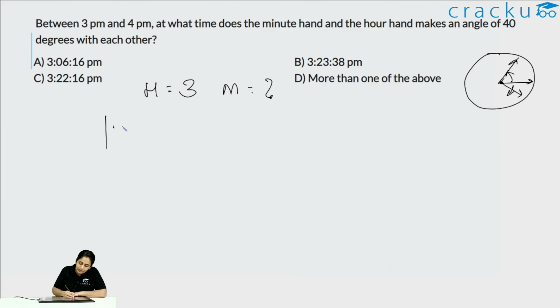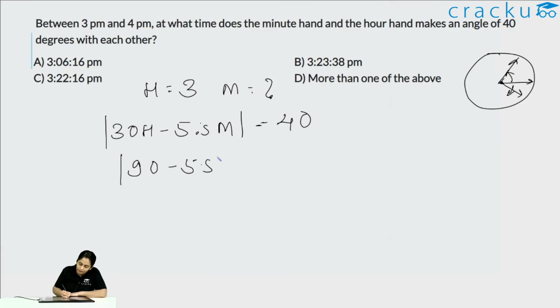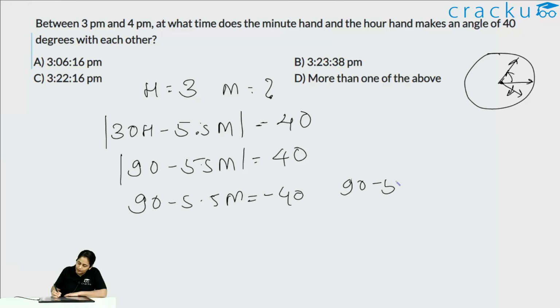Now let us see when these two positions would be. 30h minus 5.5m is equal to 40. So in this case 90 minus 5.5m is equal to 40. So you have two cases: 90 minus 5.5m is equal to minus 40, or 90 minus 5.5m is equal to plus 40.